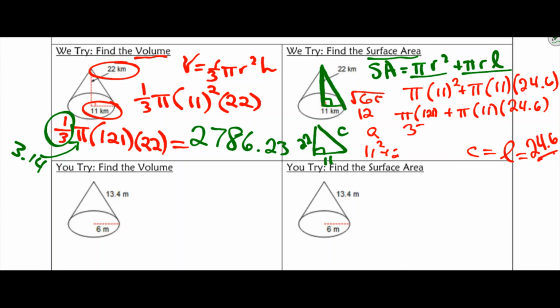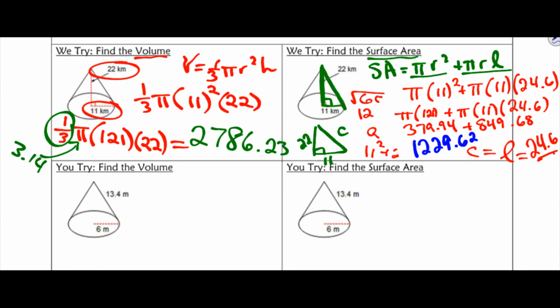So I get 379.94 plus 849.68, and then I add those together, that gives me my final answer of 1,249.62.